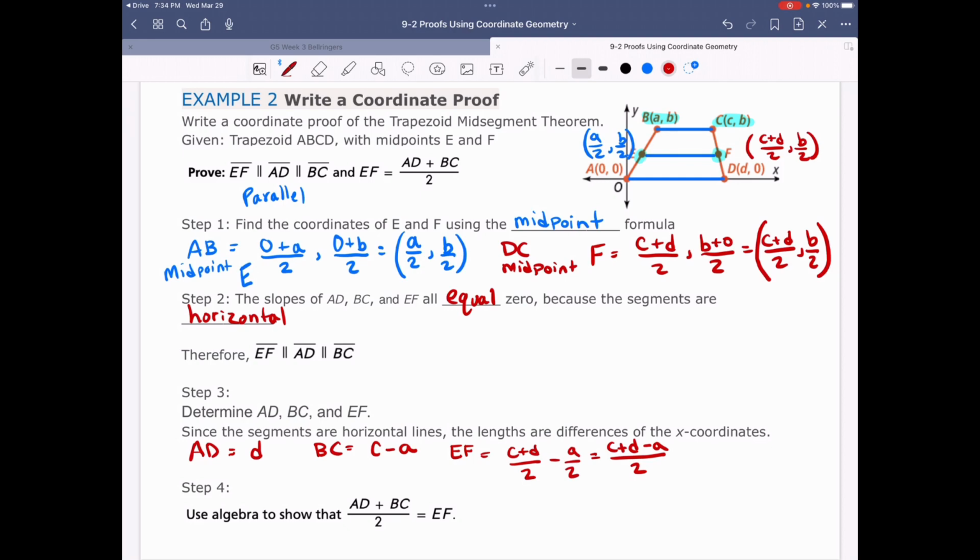Now we have to use algebra to show that (AD plus BC) over 2 is equal to EF.